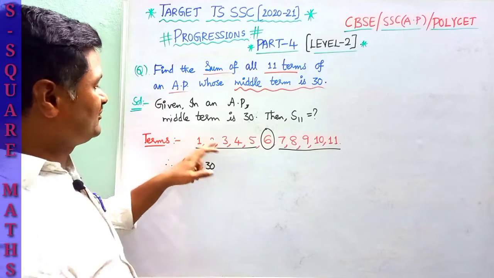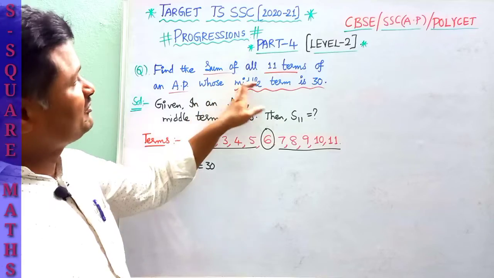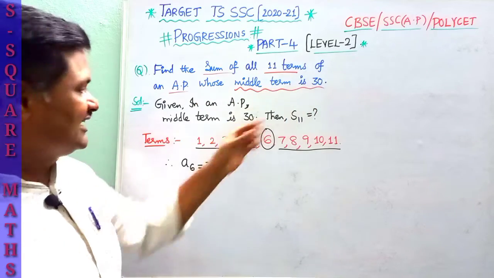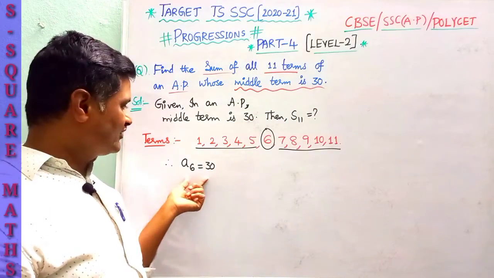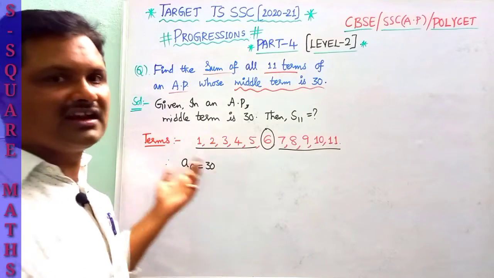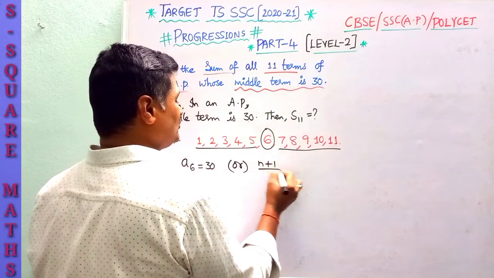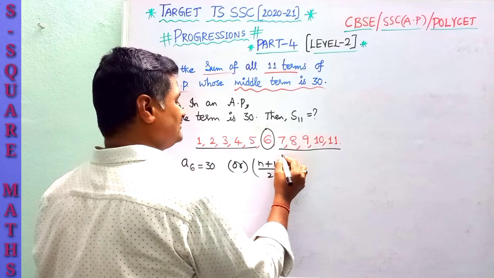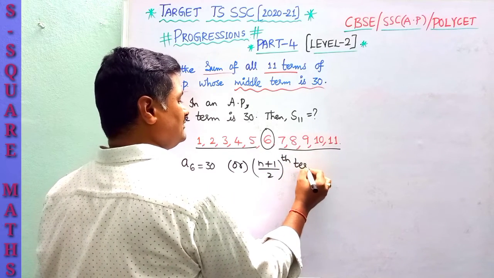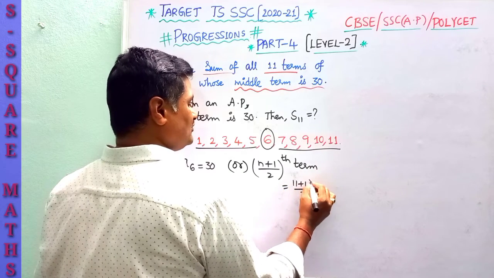So this is the first term, second term, third term, and so on up to 11 terms, whose middle term is 30. Here the middle term is n equal to 6, so A6 is equal to 30. You can go another way also, with (n plus 1) by 2, nothing but (11 plus 1) by 2.